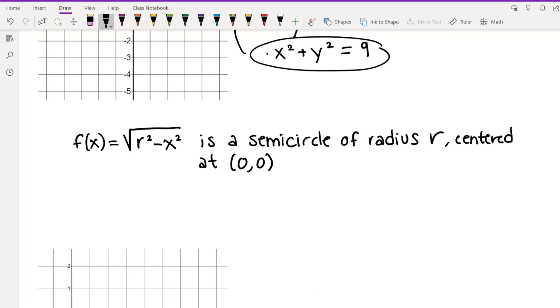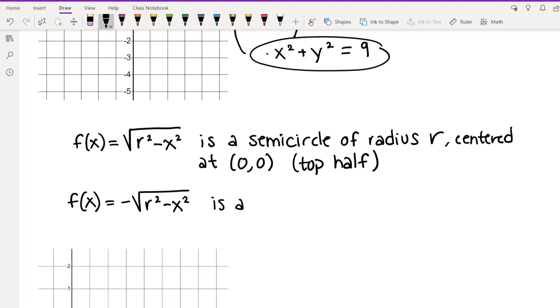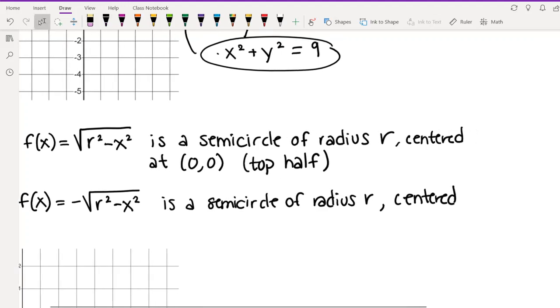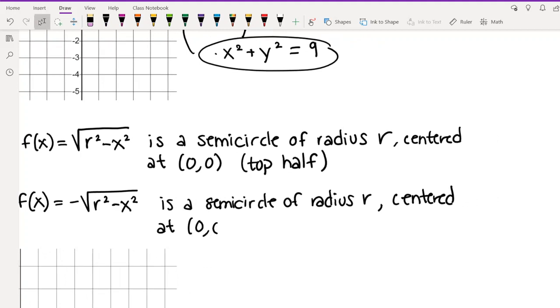And because it's positive, it's the top half of the circle. And then if instead you had the function with a negative sign outside, negative square root of r squared minus x squared, that is also a semicircle. I guess I could have written this in a way that was more concise, but that's okay. So it's also a semicircle of radius r centered at 0, 0, and that would be the bottom half.